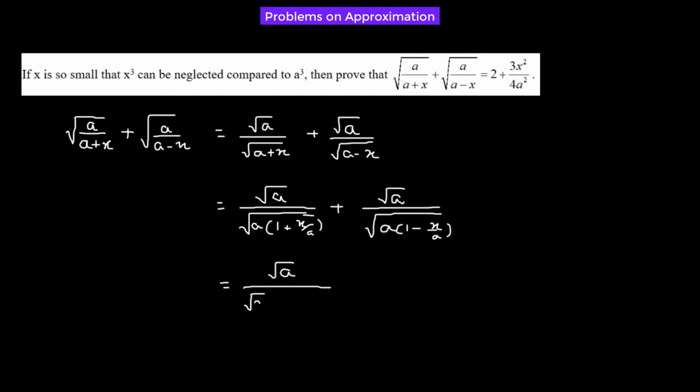that will give us square root of a times square root of 1 plus x over a plus square root of a divided by square root of a times square root of 1 minus x over a.